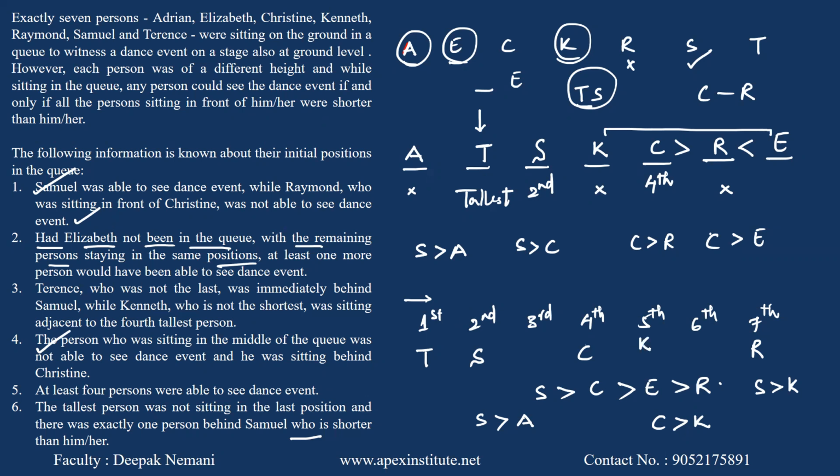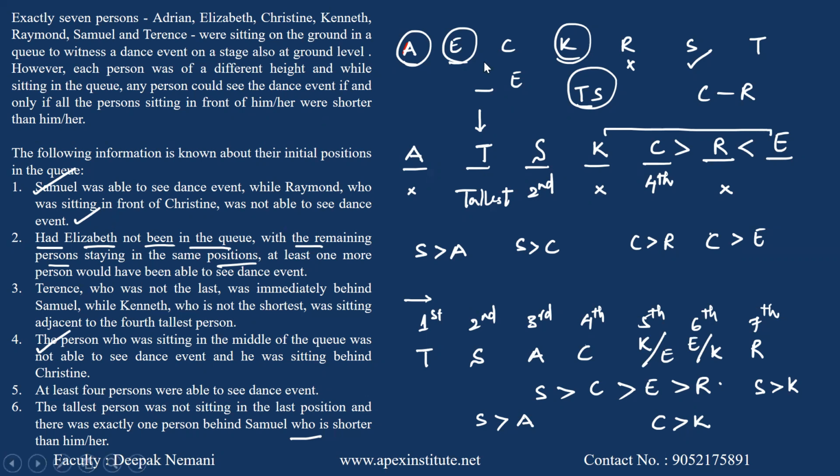So if this person is K, this person should be E, and if this person is E, this person should be K, and you have Adrian being the third tallest person, and this completes the set.